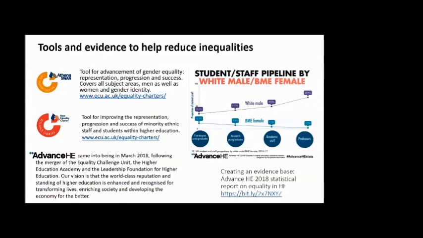The Race Equality Charter Mark is also based on fundamental principles, and universities who sign up to it are required to recognise that racism is an everyday facet of UK society, and racial inequalities manifest themselves in everyday situations, processes and behaviours.